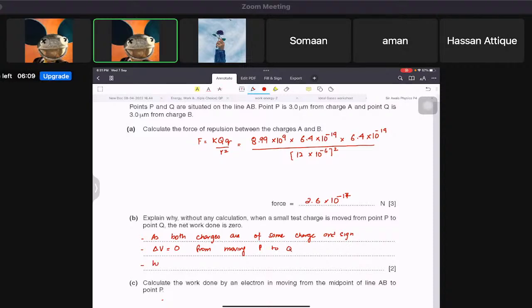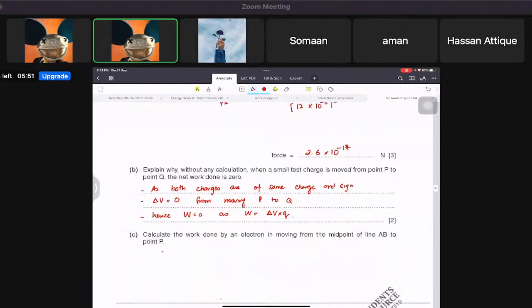Hence work done will be zero, as work done is change in potential times the charge. Is it clear? So that is the thing you could write. And they have the same distance as well, so that's fine.